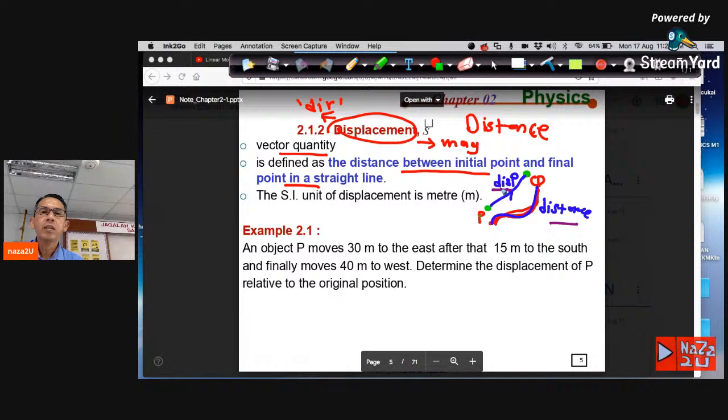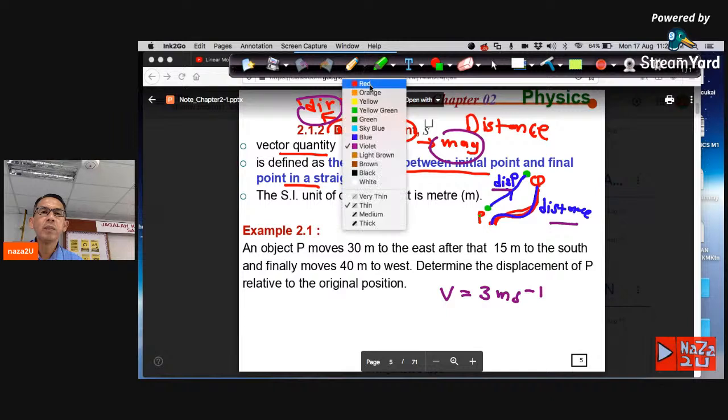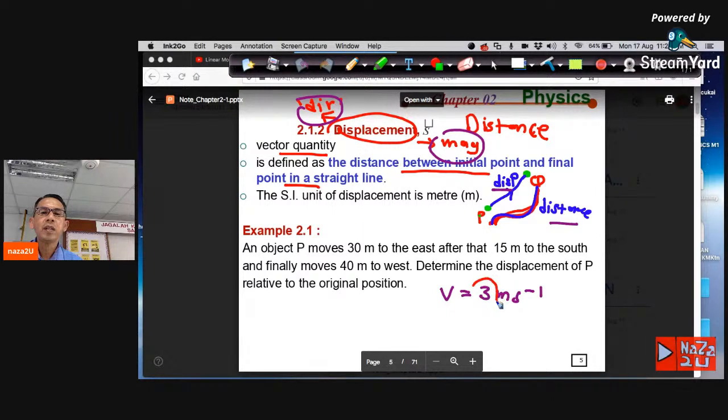And displacement, because it is a vector quantity, you must consider the magnitude and direction. So let's say you have the velocity 3 meter per second. Meaning if you talk about 3 meter per second, first you have the speed or the velocity, 3 meter in 1 second. But you can ask what is the direction of the object with velocity 3 meter per second?